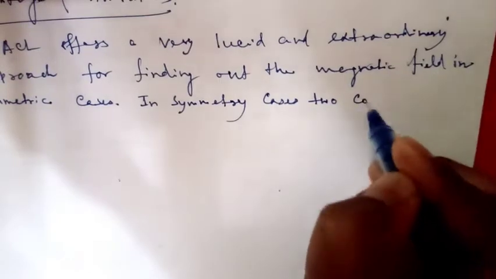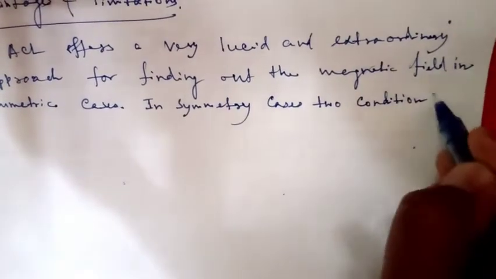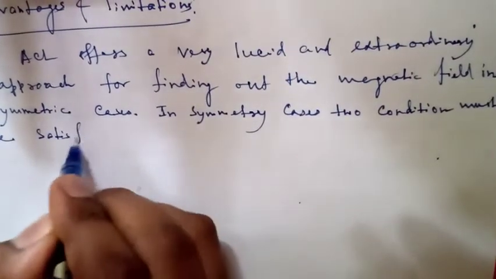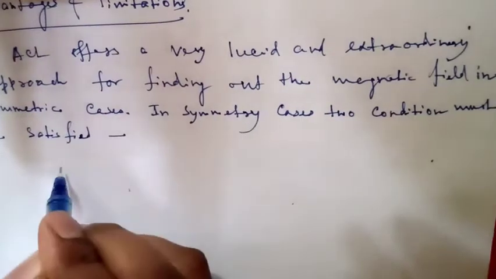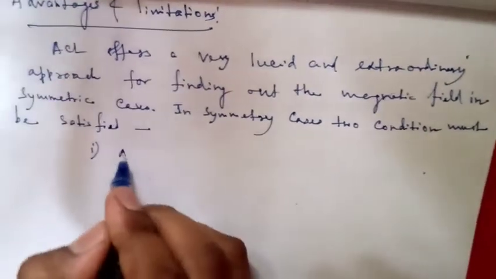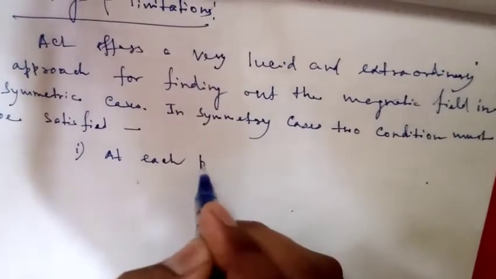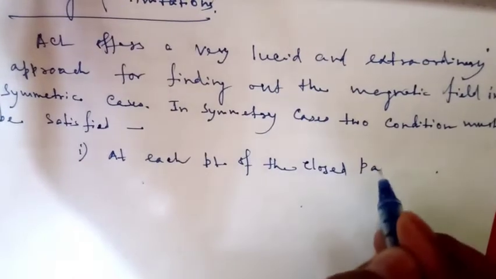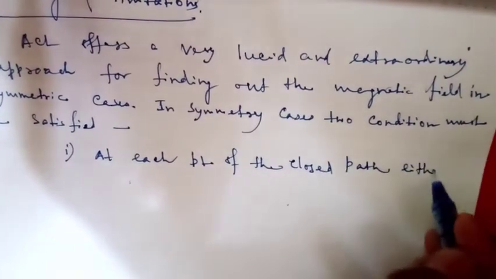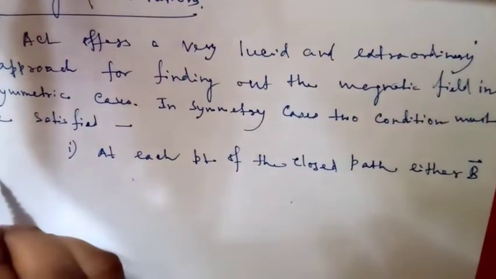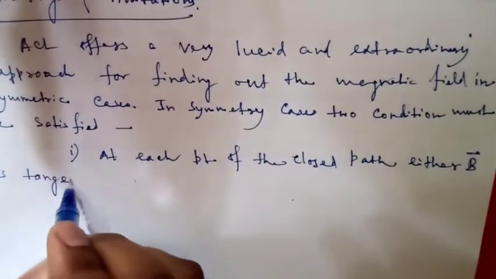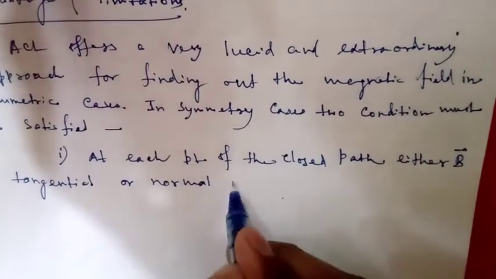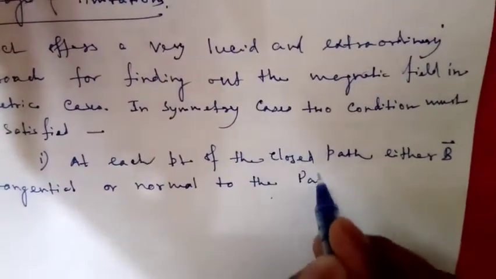two conditions must be satisfied. Number one, at each point of the closed path either B vector is tangential or normal to the path.